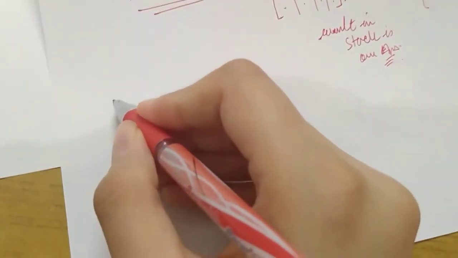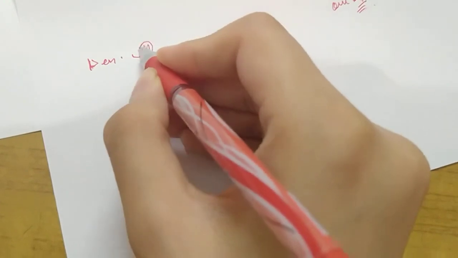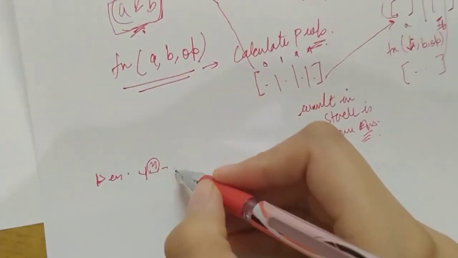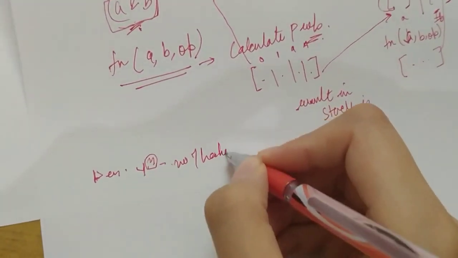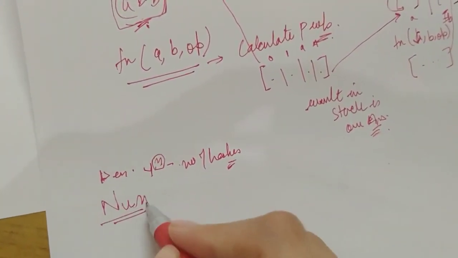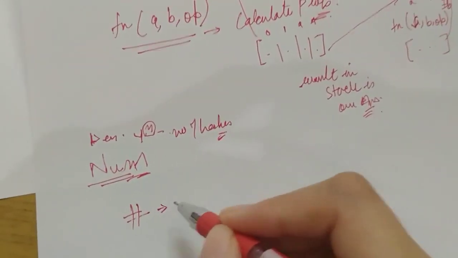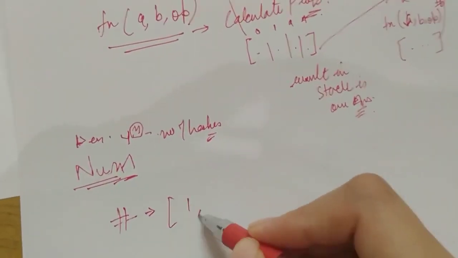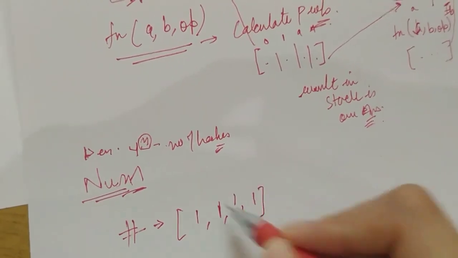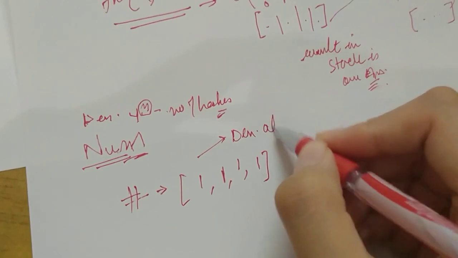Now, since we know the denominator will always be 4 to the power n, where n is the number of hashes, we have to calculate only the numerator. So for the initial hash, we can take the probability 1, 1, 1, 1, since we always know the denominator.